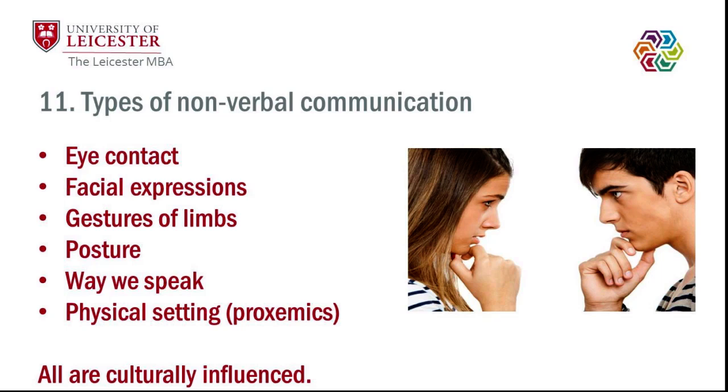Prolonged looking at someone's eyes can indicate confrontation or attraction, depending on the context. We also need to recognise that many of these interpretations are culturally influenced. So in some cultures, it's considered polite to look away when a superior is speaking, but others might interpret this as shiftiness or insolence.